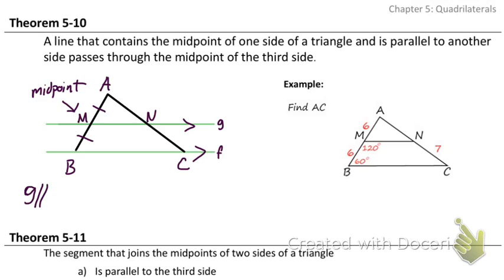G is parallel to F, and M is a midpoint. Then we automatically know N is also a midpoint. So G and F are parallel, and M is a midpoint. Then N is also a midpoint.